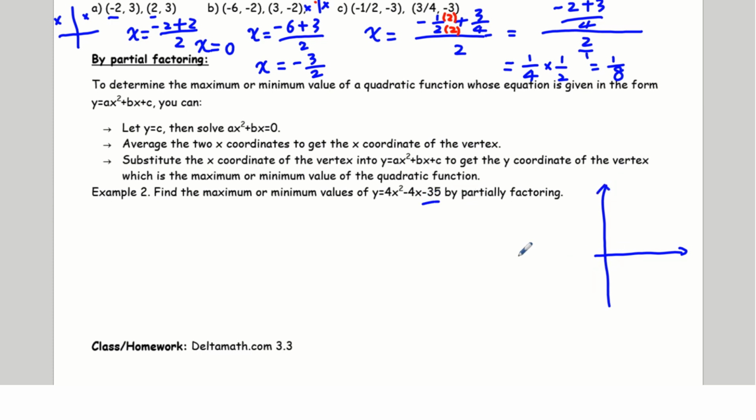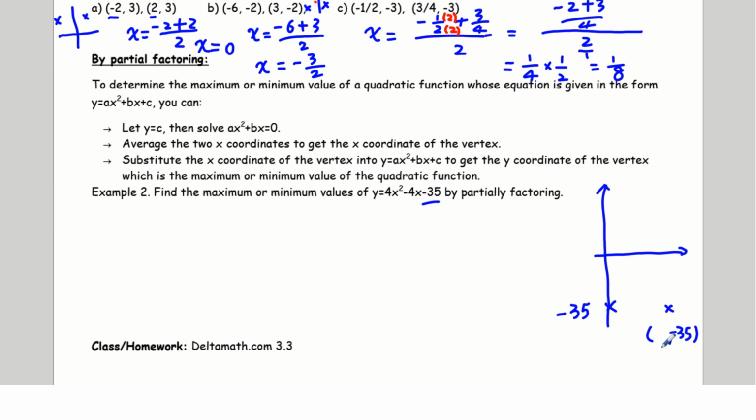From this standard form, we know we have y-intercept at negative 35. So we want to find the symmetric point of the y-intercept. So it's negative 35. Then we want to find the x value.